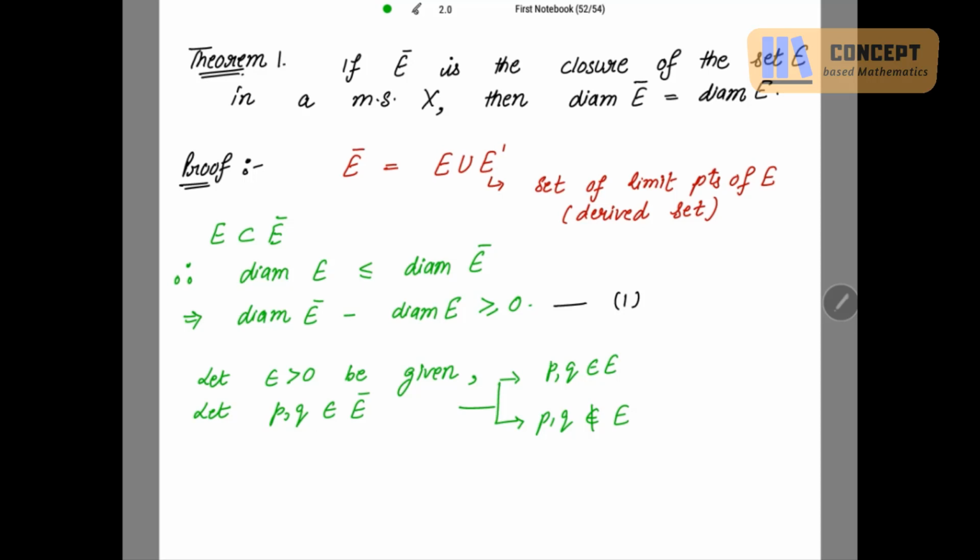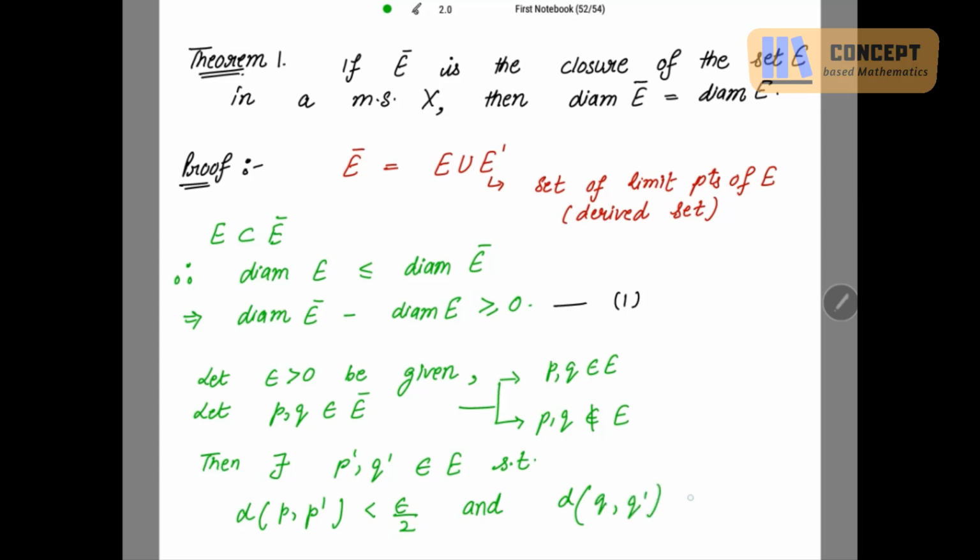Now let P, Q belong to E bar. Then there exist the points P dash and Q dash which belong to E such that the distance between P and P dash is less than epsilon by 2 and the distance of Q and Q dash is less than epsilon by 2.